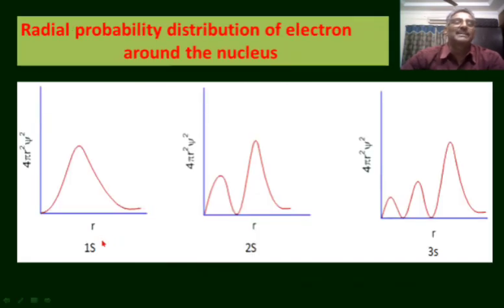The probability of the electron varies with radius according to the following curves. These curves explain the probability of finding the electron at an infinitesimally small region around the nucleus.